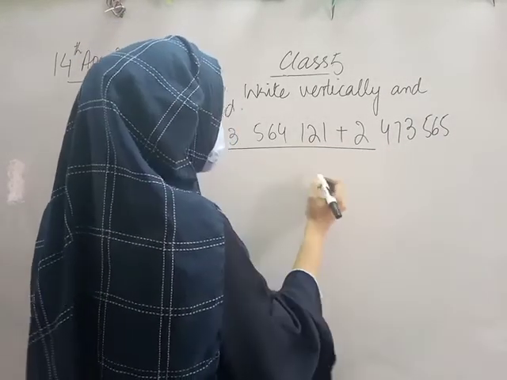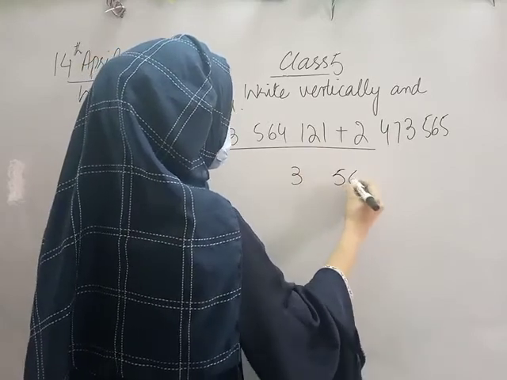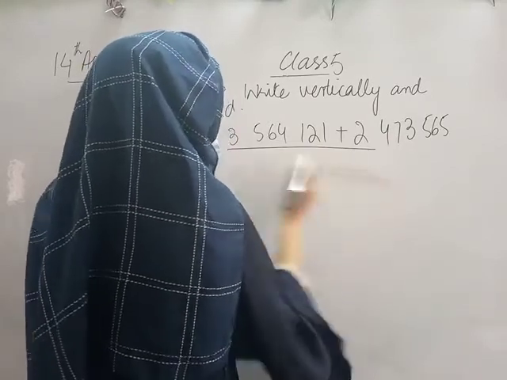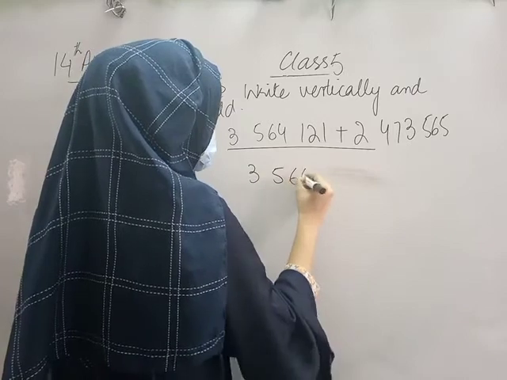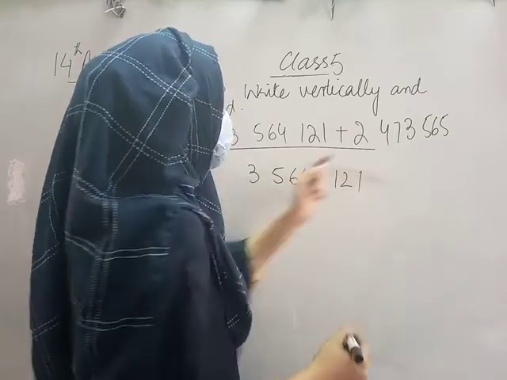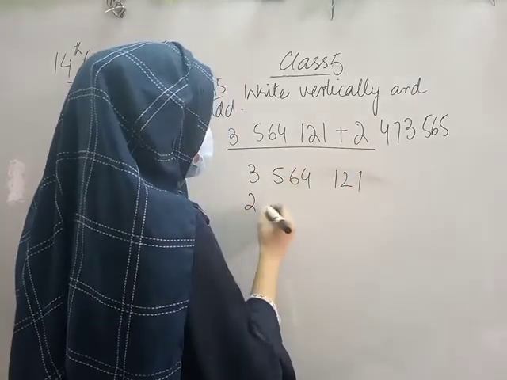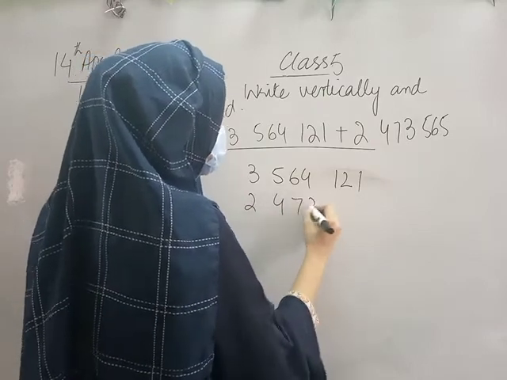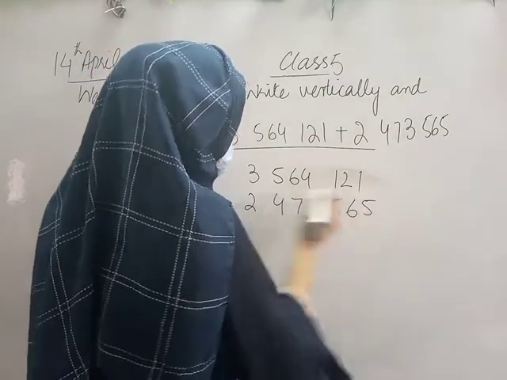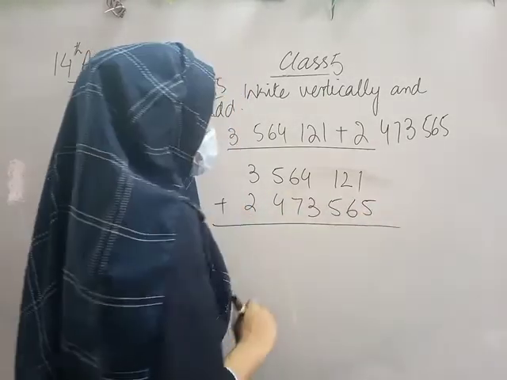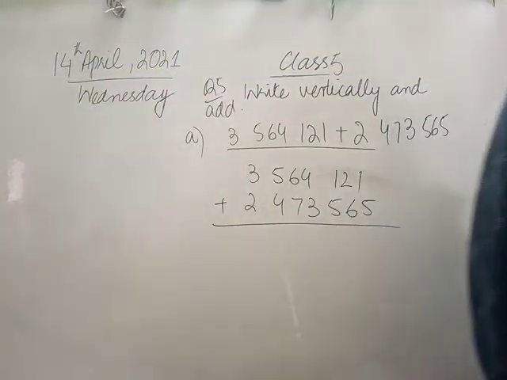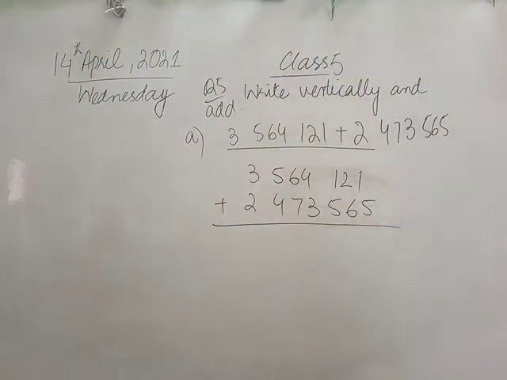First number, which is 3 564 121, and the second number is 2 473 565, plus. Fine class, this is how we can write numbers into vertical form. Clear हो गया सबको? Okay.